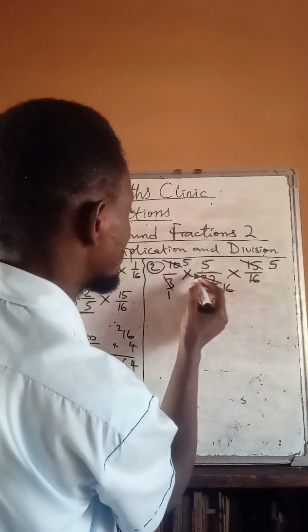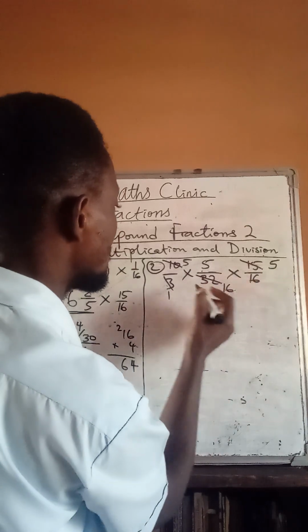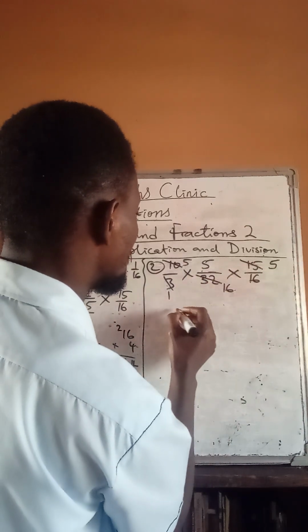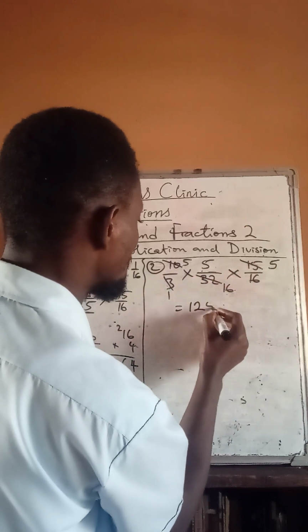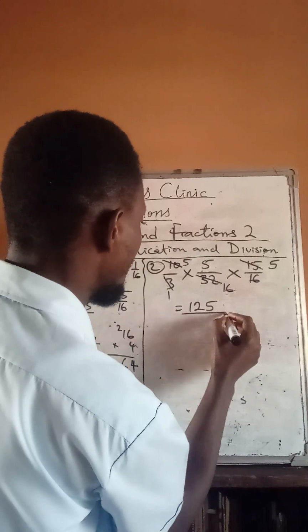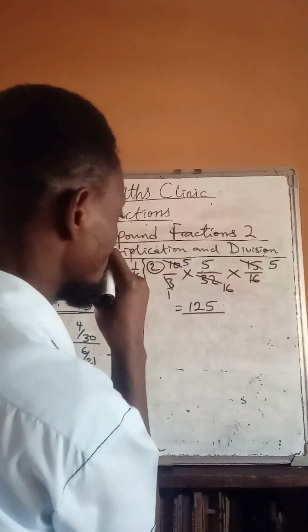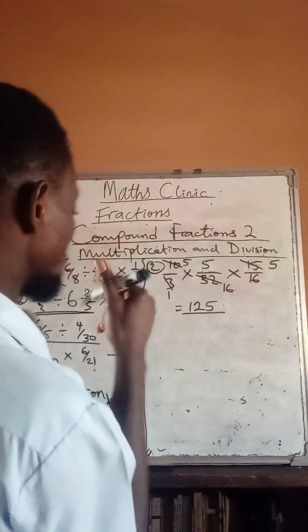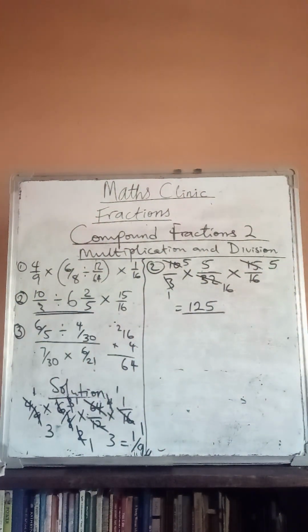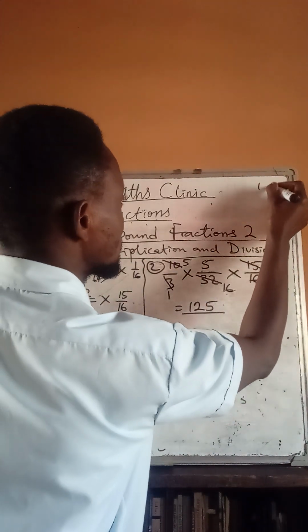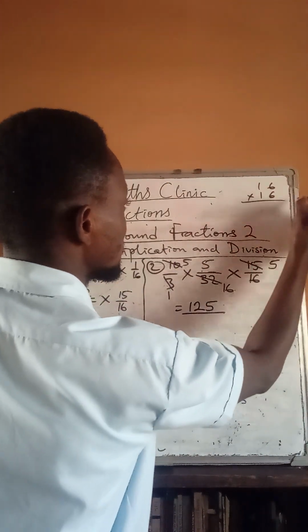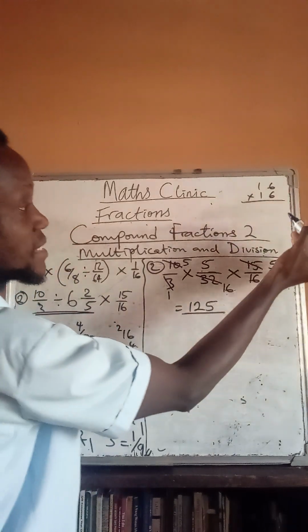So we have 5 times 5 times 5, which will give us 125. Here we have 1 times 16 times 16. 1 times 16 will give us 16. 16 times 16 will give us what? Let's check. 6 times 6 is 36.